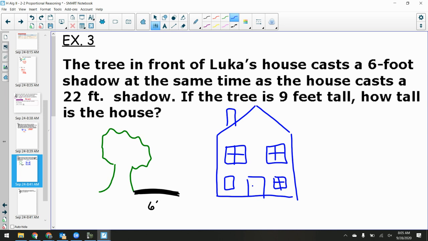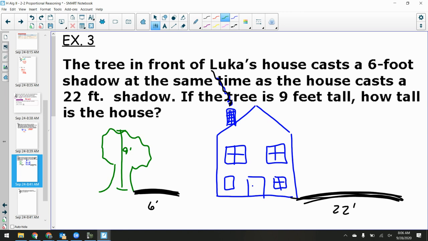Maybe they're having a fire. All right. At the same time, the house casts a 22-foot shadow. If the tree is 9 feet tall, how tall is the house?